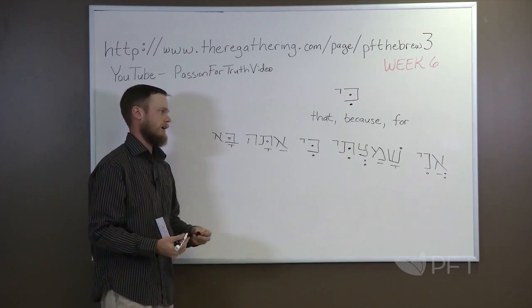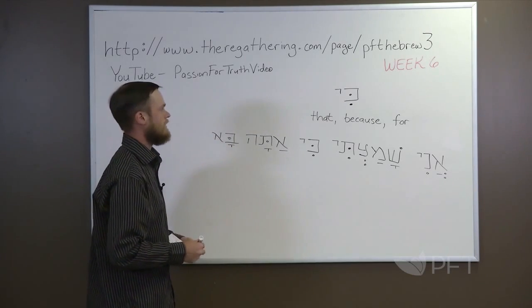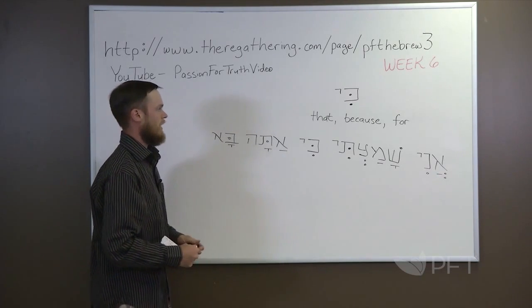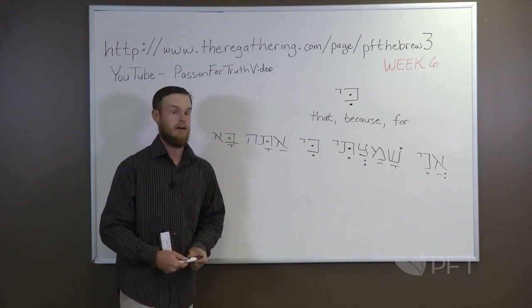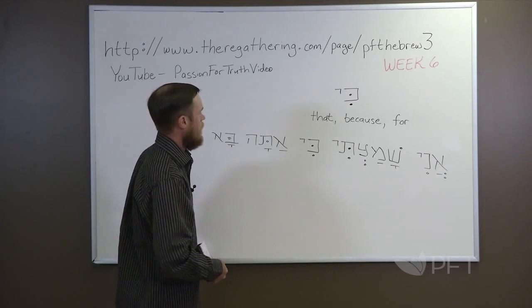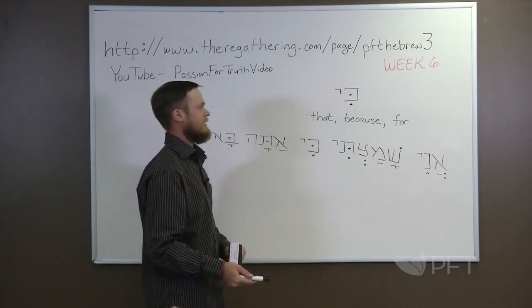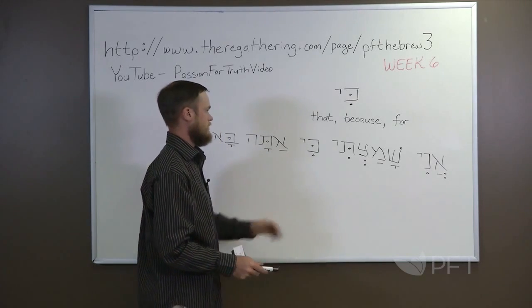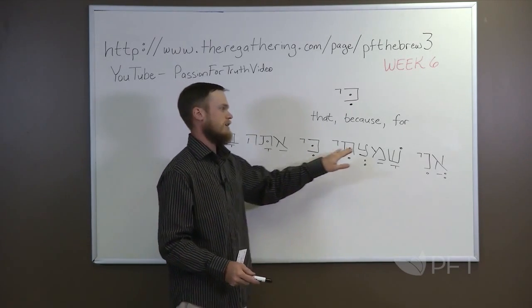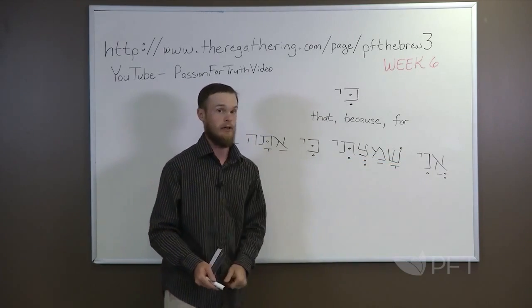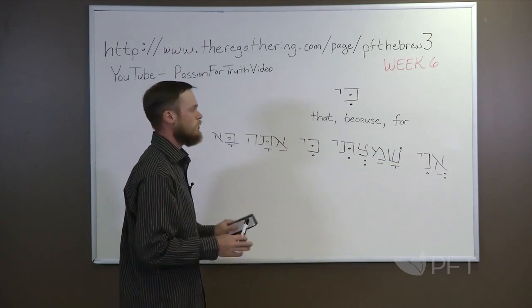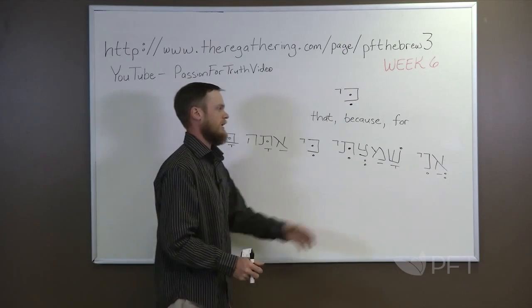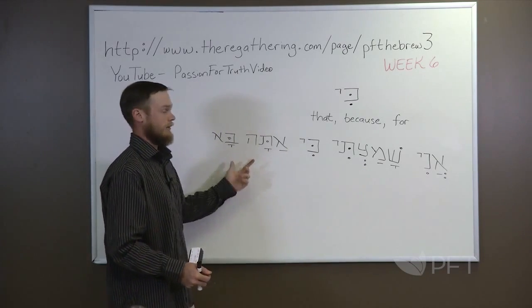Masculine and singular matches ata. Okay, ani shamangti ki ata ba. I heard that you are coming. All right, so that is different from asher. Okay, this isn't introducing a condition onto me or onto hearing, but it's indicating sort of a loose causal relationship between me hearing and you coming.